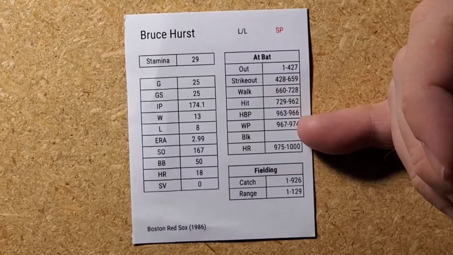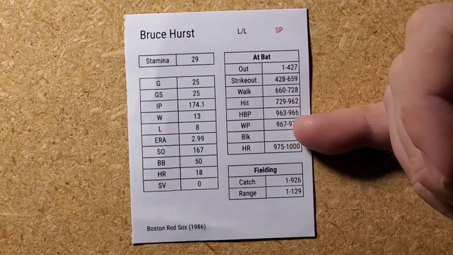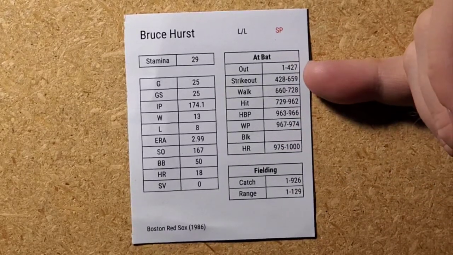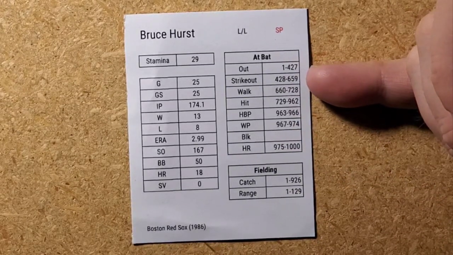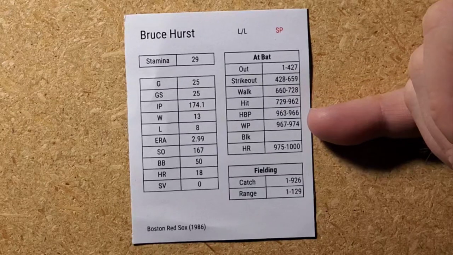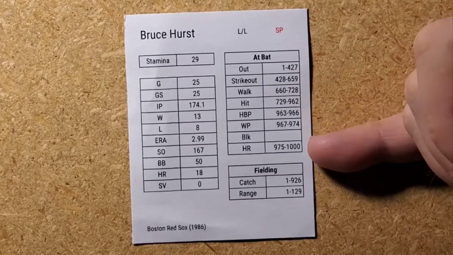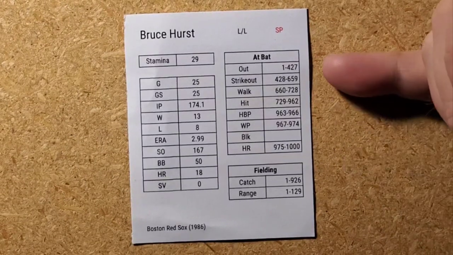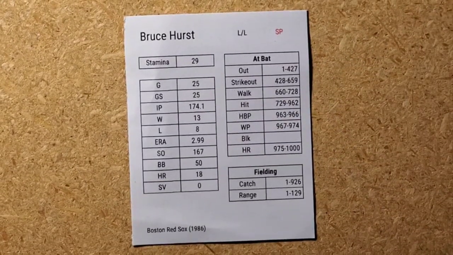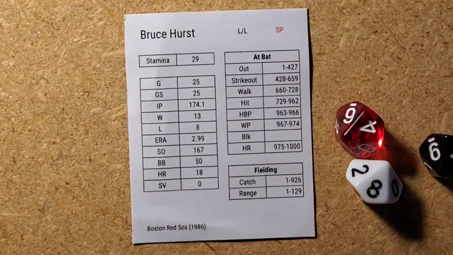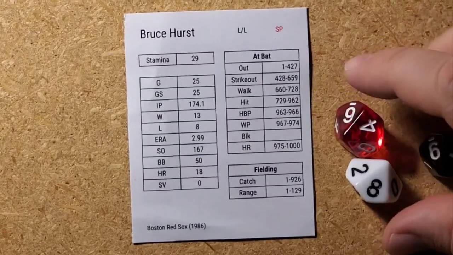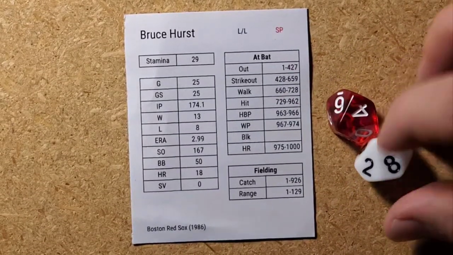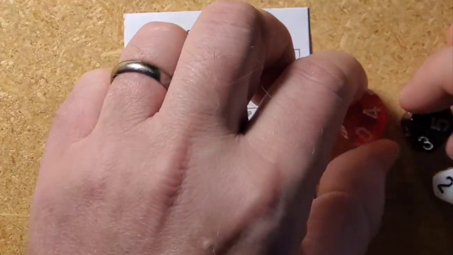We have our at bats here, and like I said, this is going to be your main chart. So in the at bat chart, we have an out, strikeout, walk, hit, hit by pitch, wild pitch, a balk, and home run. And so what we do is in this game we have 3 d6 dice, 3 d10s, and I like to use different colors.